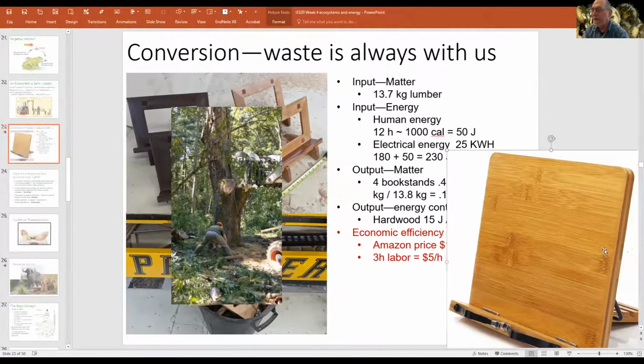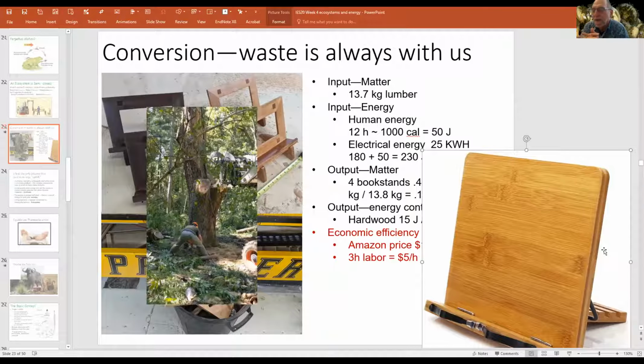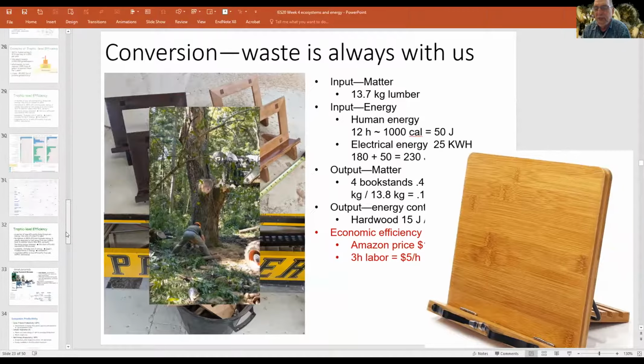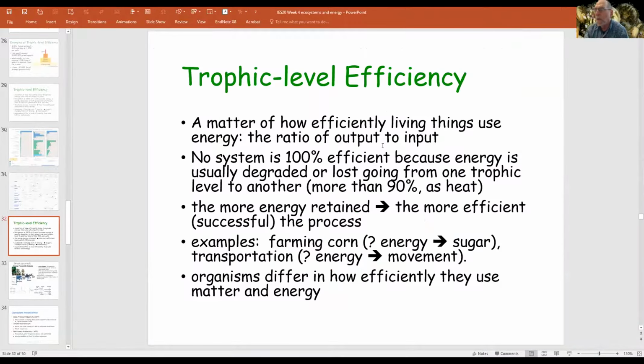This is sort of a human example, and I'm saying that if I were an organism producing book stands from lumber, my efficiency would have been about 13%. So that sort of consideration can apply to all trophic interactions, to all exchange of matter by consumption or production.